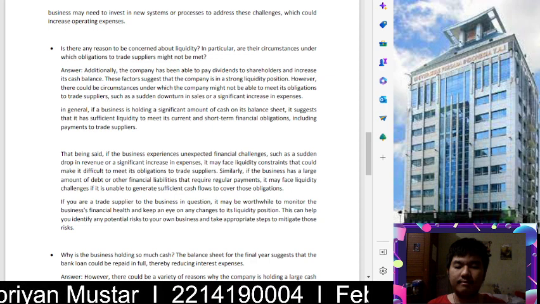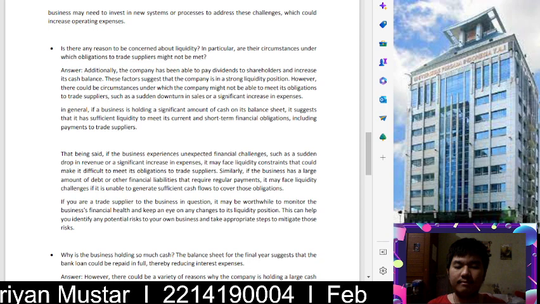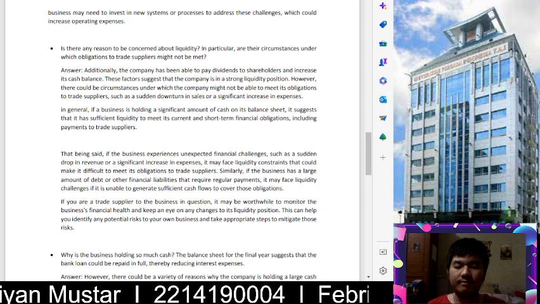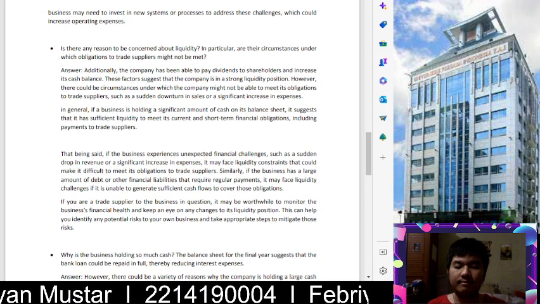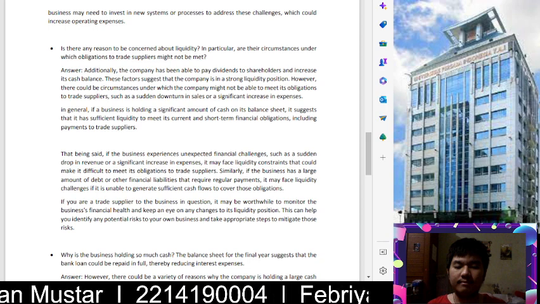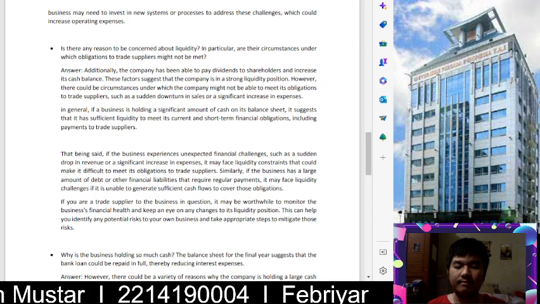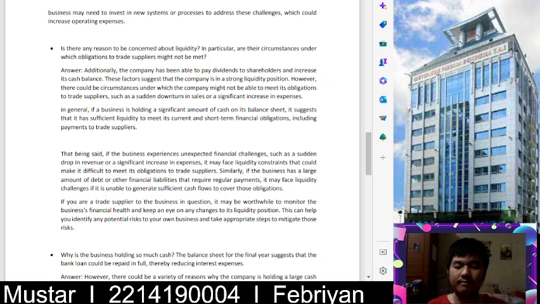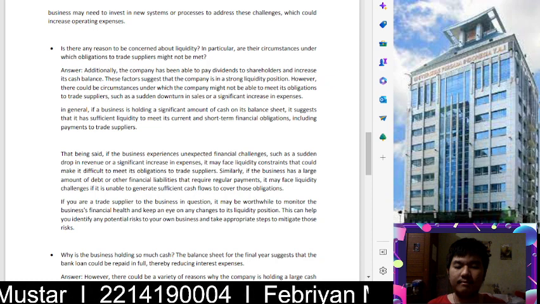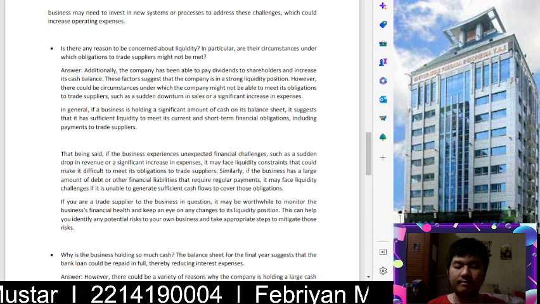However, there could be circumstances under which the company might not be able to meet its obligations to trade suppliers, such as a sudden downturn in sales or a significant increase in expenses.